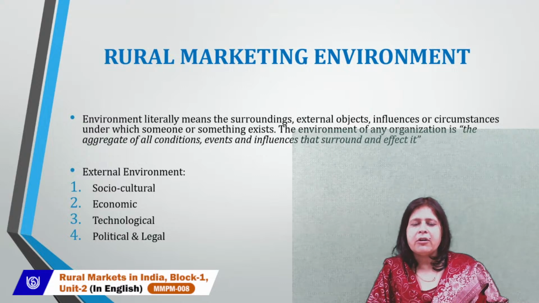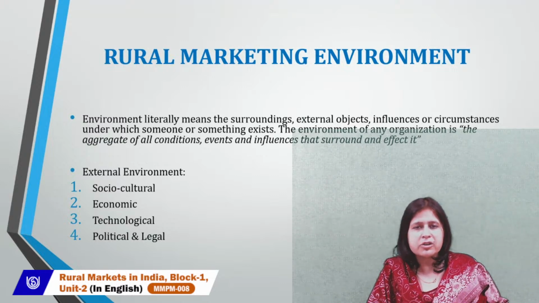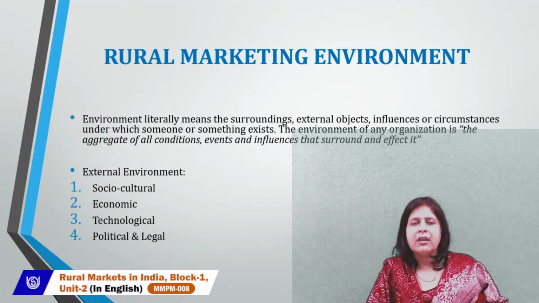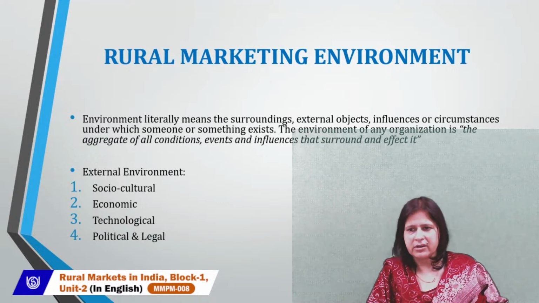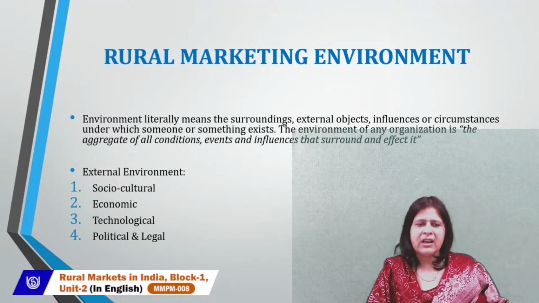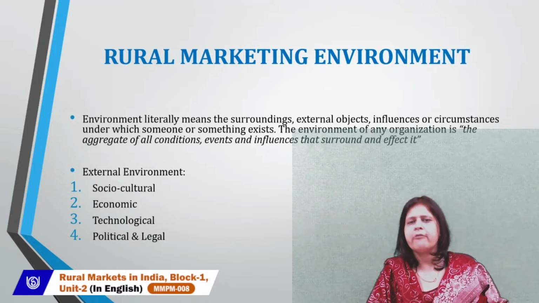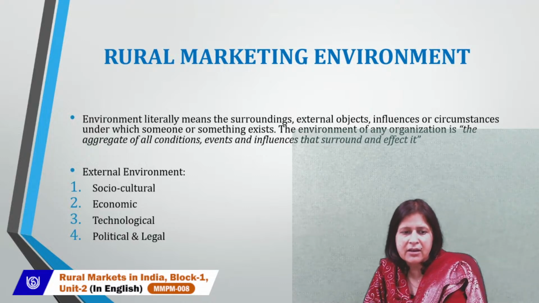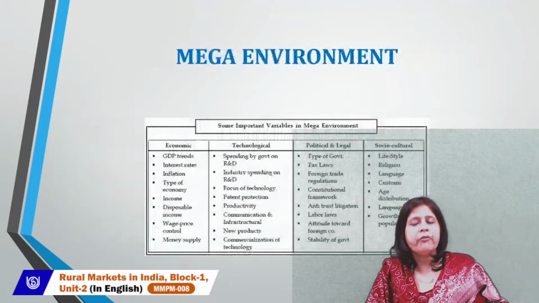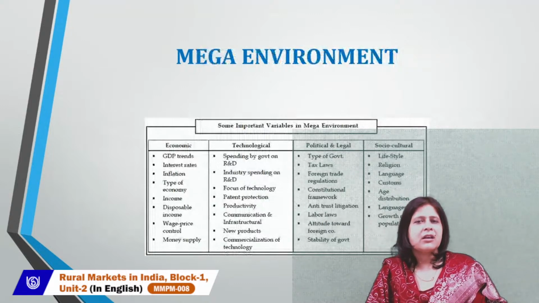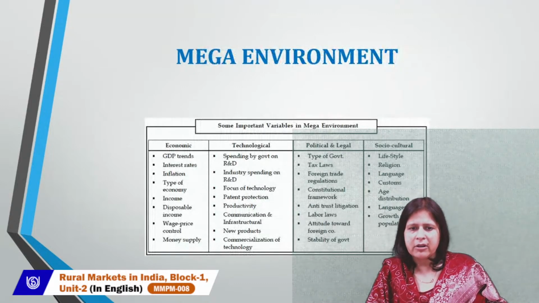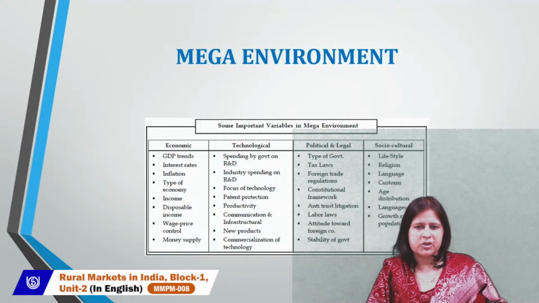The environment of an organization is the aggregate of all conditions, events, and influences that surround and affect it. There are external environments like the socio-cultural environment, economic environment, technological environment, political environment, and legal environment. All these are not under the control of anyone, right? These are called the macro environment or the external environment.